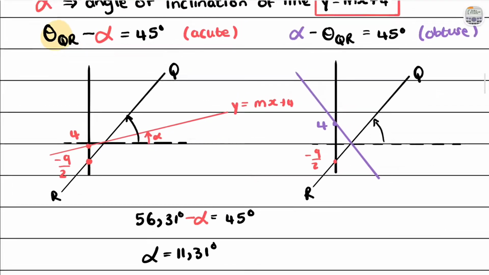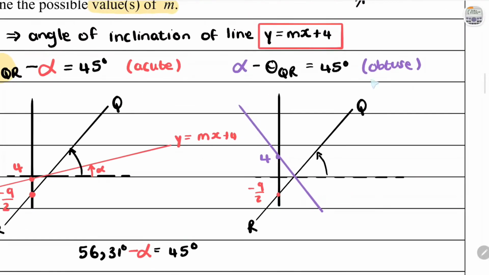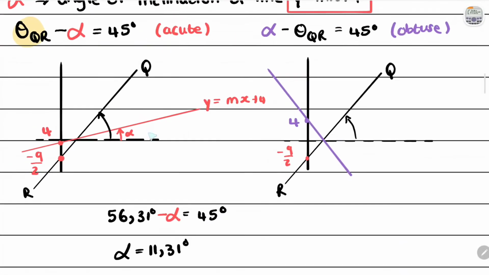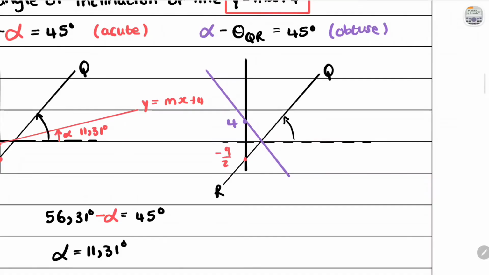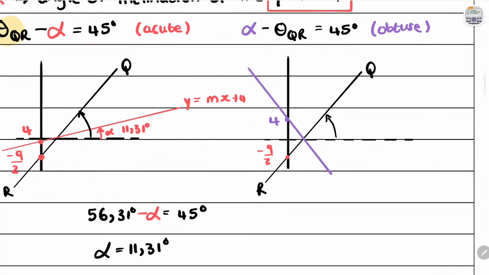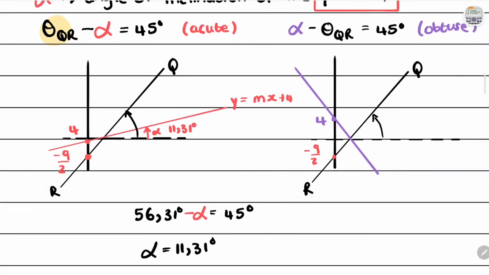But remember, we're considering two cases. Alpha could be acute or it could be obtuse. So if it was acute, it would be 11.31 degrees. If it was obtuse, it would be this acute angle plus 90 degrees because it needs to be obtuse, meaning it needs to reach the second quadrant.